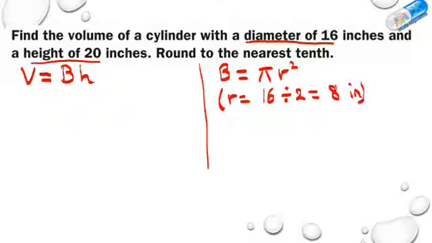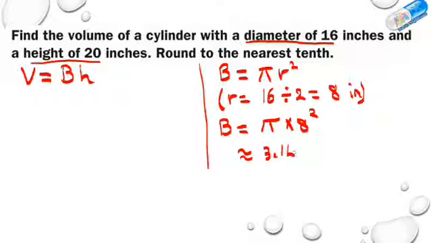Now we can calculate the capital B, which is the area of the circle, pi r squared. And we know that pi times r, which is 8 squared. You know that pi can be used on the calculator, but if I don't want to use the calculator, I can approximate it, which is 3.14.